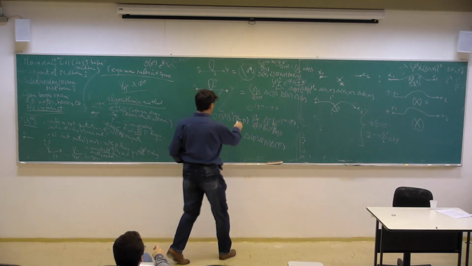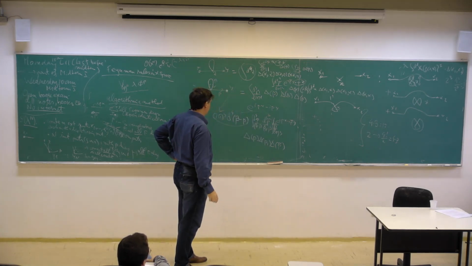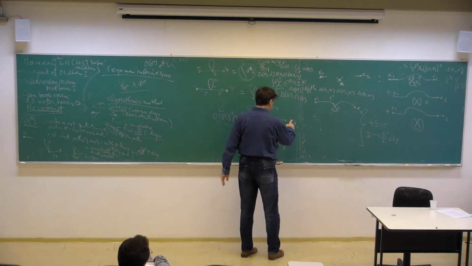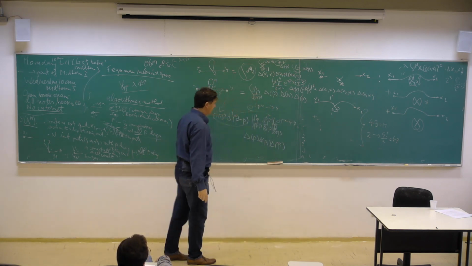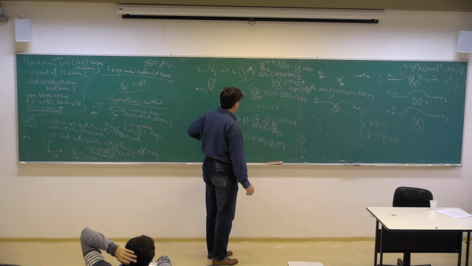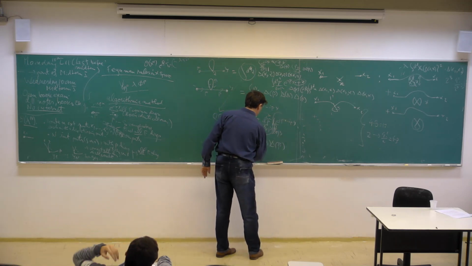Oh, sorry, yeah, this was inside, right? And then I have this delta of p minus p tilde, so I can put this, right? There's no difference. And so this result is this result, right?